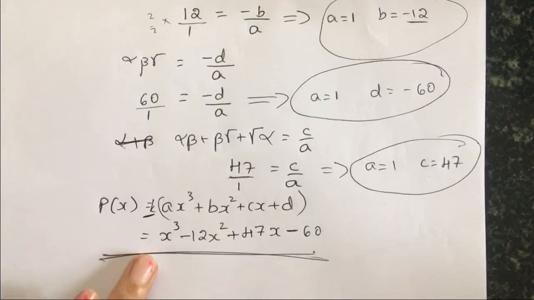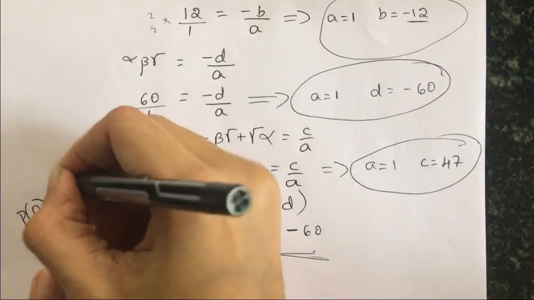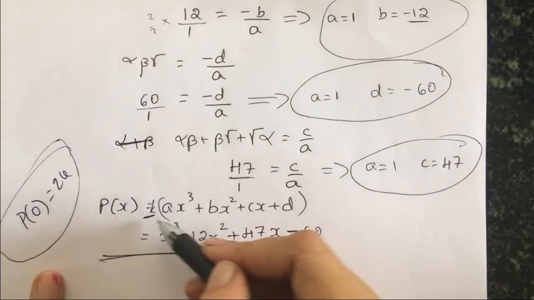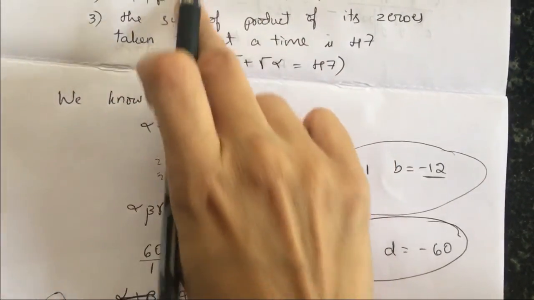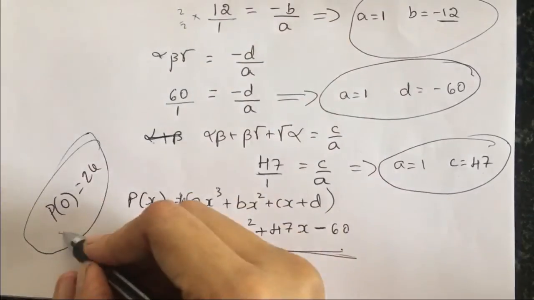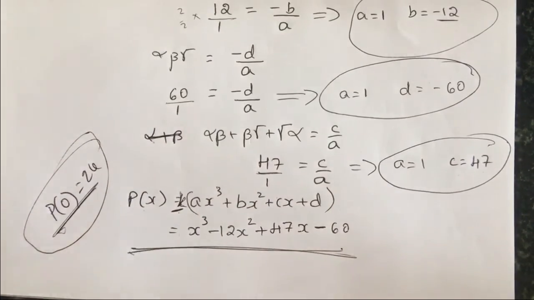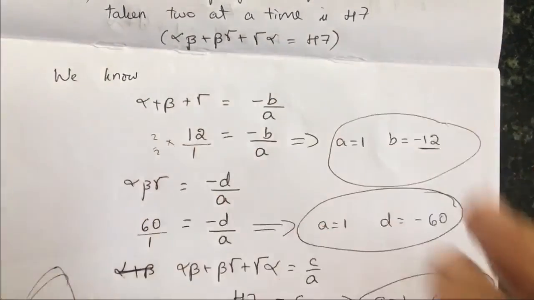But sometimes they'll give you something like P of 0 is something, say 24, and then you can find the value of k. Along with this, they can give you something so that you can substitute over here and get the value of k. I just explained how to do this.